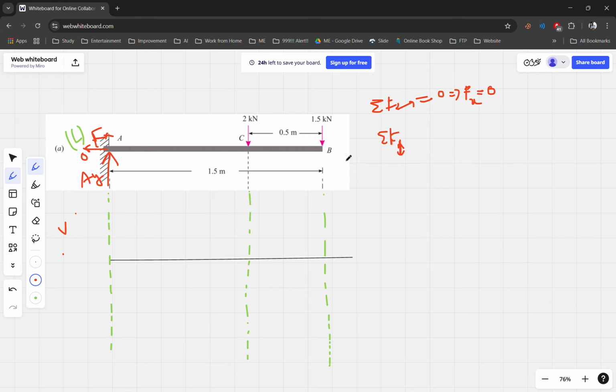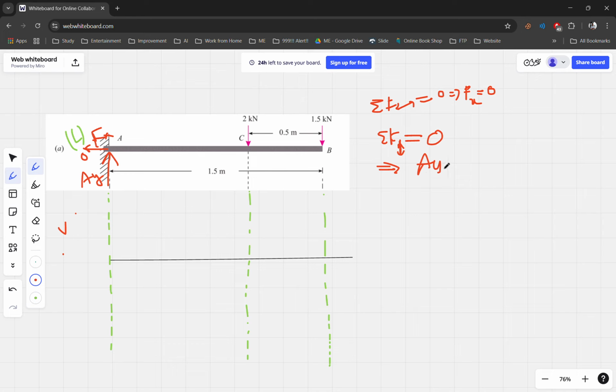Moving forward to the sum of the vertical forces, it will be 0, and thus, one sec, it will be Ay as it is going upward.